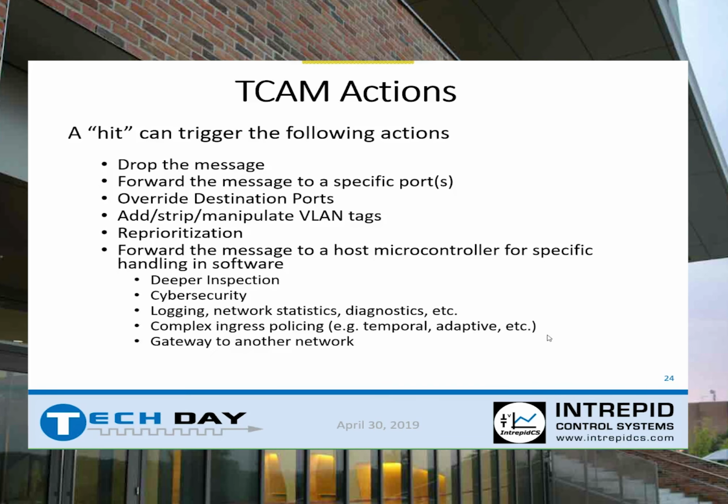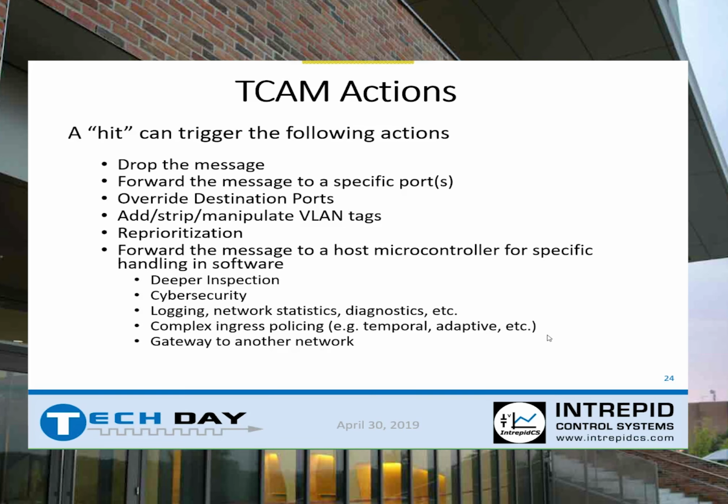So what that can do is you can literally, on anything in the first 96 bytes, drop a message, forward a message to specific ports, override destinations, manipulate VLAN tags, reprioritize things, or if you're a tier 1 or an OEM and you have a host processor on there and you're writing your own applications, you can have that frame tagged specifically to go to the host processor for things like deeper inspection, cybersecurity, complex ingress policing, temporal filters and things like that, or gateway to another network.